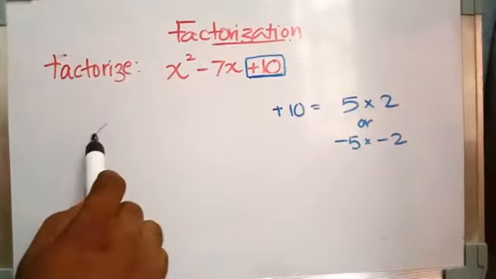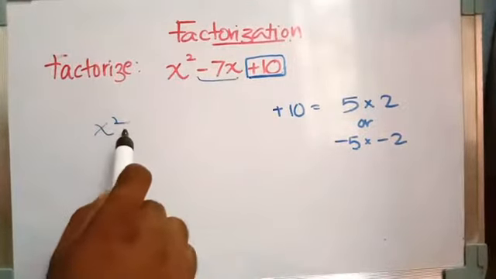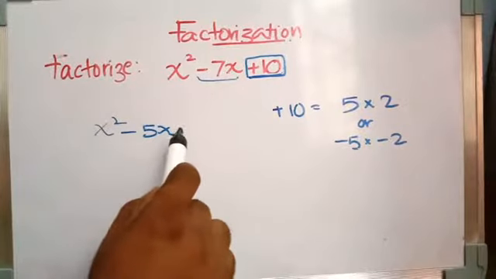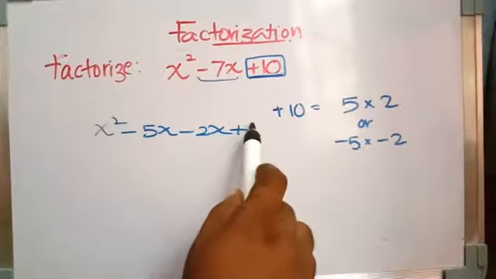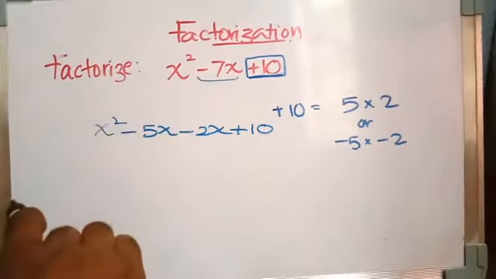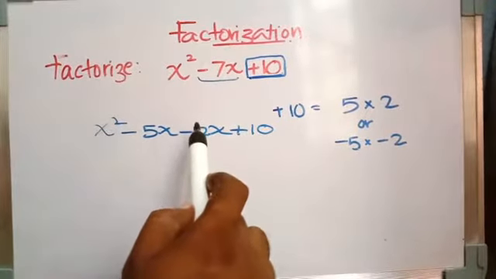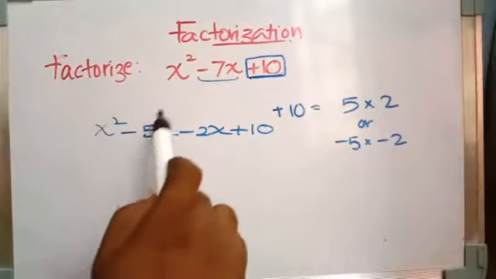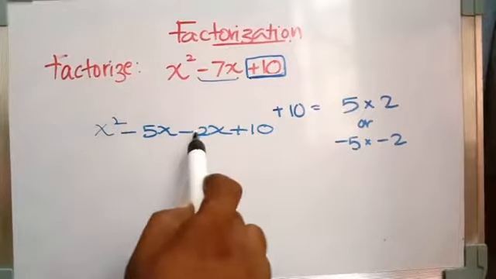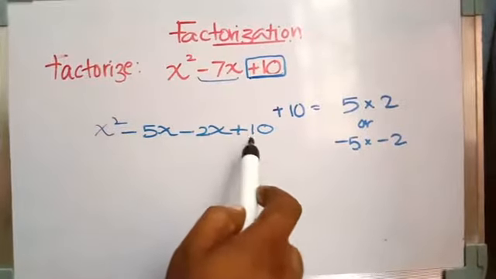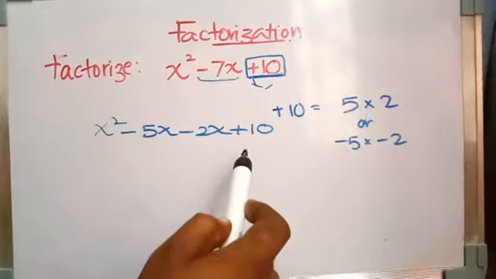So it can be written as x squared minus 7x written as minus 5x minus 2x plus 10. So see what's the difference between the previous method and this one. In the previous method, both were positive because the middle term was positive, and whether both were positive or both negative depended upon the last term. So these are all things to be taken together to get the answer.